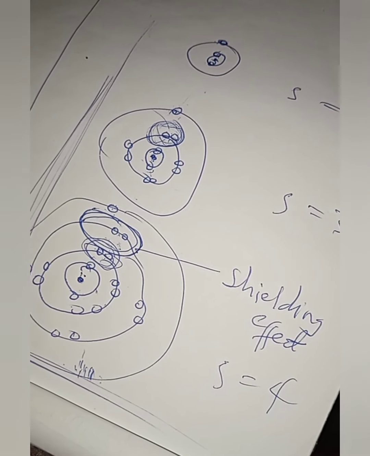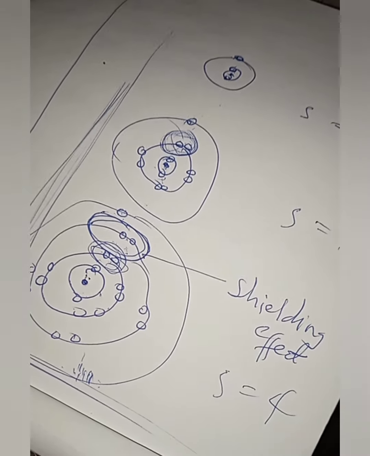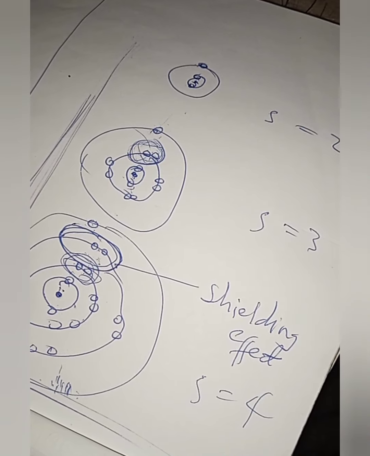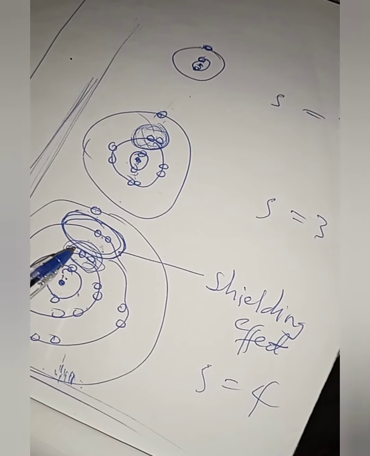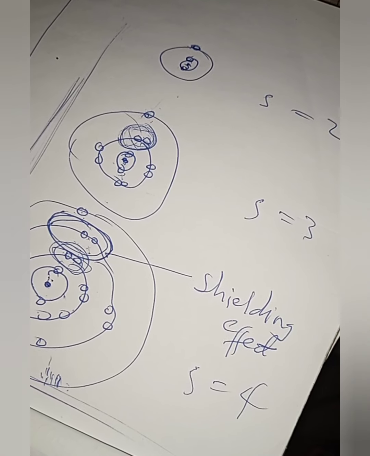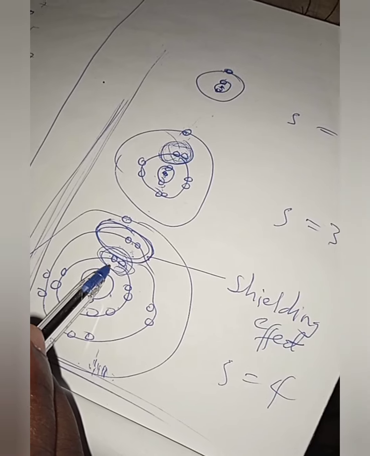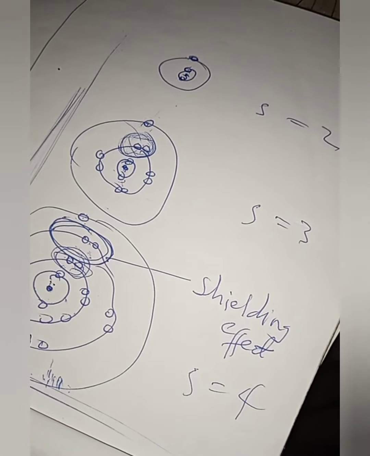Yeah. So when the shielding effect increases, shielding effect means inner repulsion. Okay. So in the same way, when we are going down the group, the atomic number increases, that is, the proton number increases. And I told you proton number is linked with nuclear charge. But though proton number increases, the effective nuclear charge will rather decrease because of the screening effect. I told you nuclear charge deals with the attraction of the outermost electron to the nucleus.